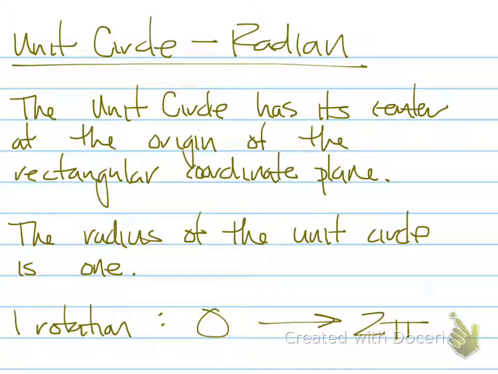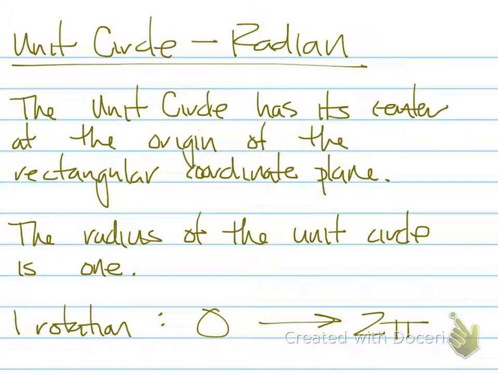All right, in this lesson, we're going to again be looking at the unit circle. However, instead of looking at it with respect to the degree measures, we're going to be looking at it with radian measure.